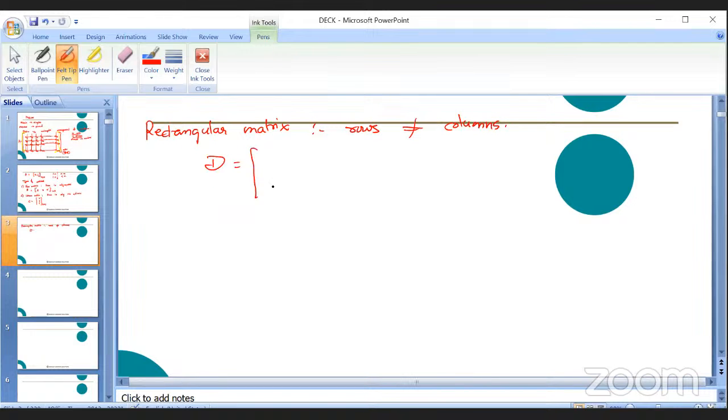For example, in matrix T, we will take 2, 3, 5, 1, minus 7, minus 6. We are taking 2 rows and 3 columns. So the number of rows and number of columns are not the same. That is why it looks like a rectangle, and so it is called a rectangular matrix.